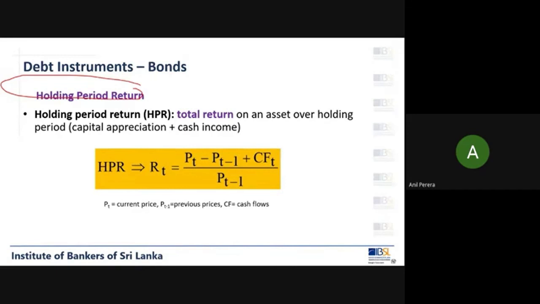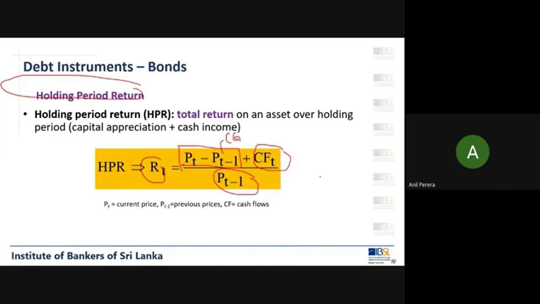So holding period return, RT, is actually an expression of capital gain and the cash flow against the original price. Pt minus Pt-1 is the capital gain, the price difference, where Pt-1 is the previous, original price. Cash flow is the total cash income you received from the bond.